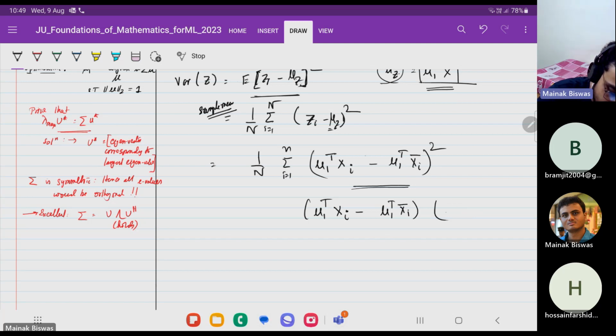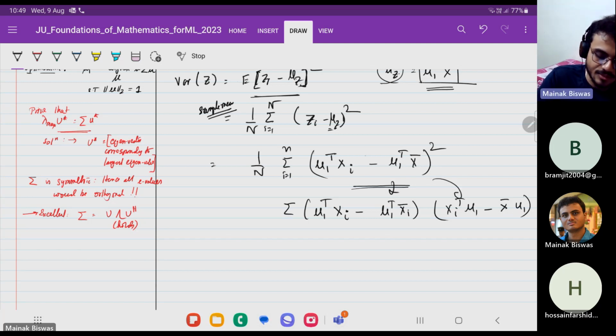or you can write it this way also, right? Xi transpose U1 minus Xi bar U1. Yes or no? Square, I'm writing 2 times. Is it okay? Yes.